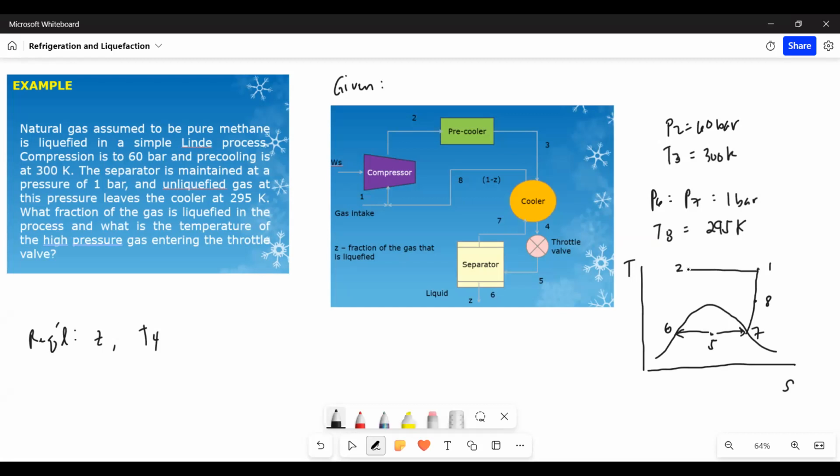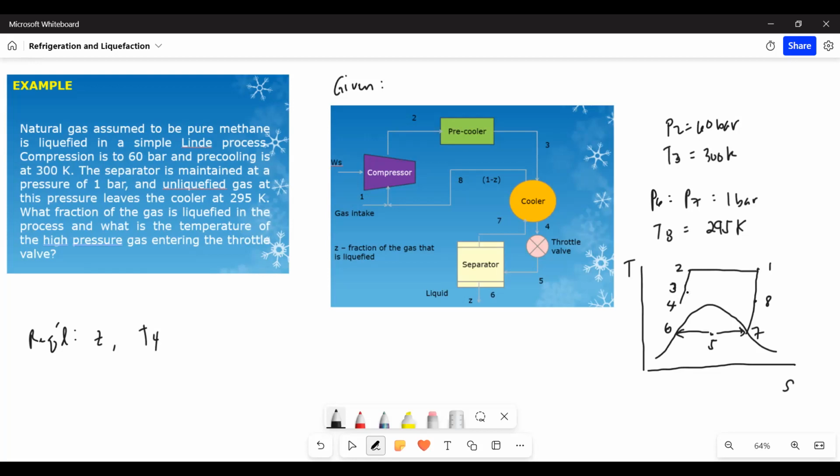And then it enters the pre-cooler. So this is point 3. And then finally, 3 to 4, it enters the cooler. This is point 4.